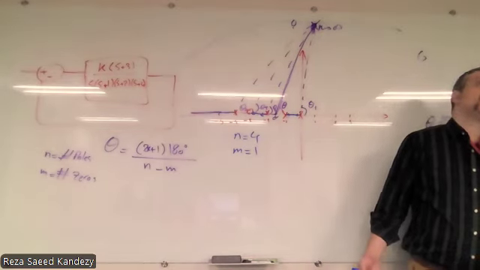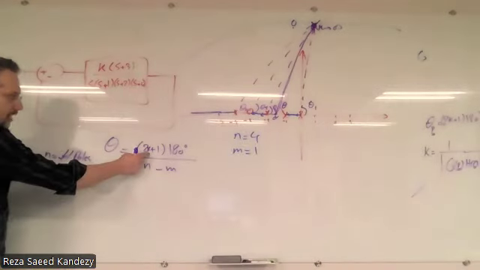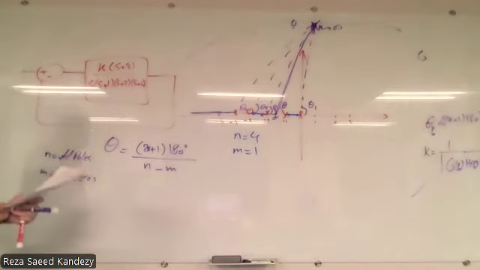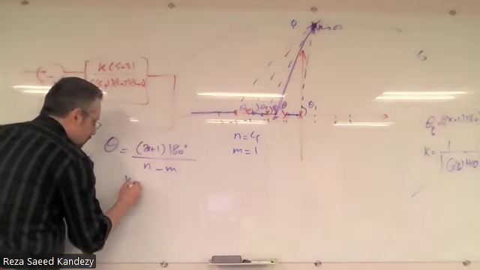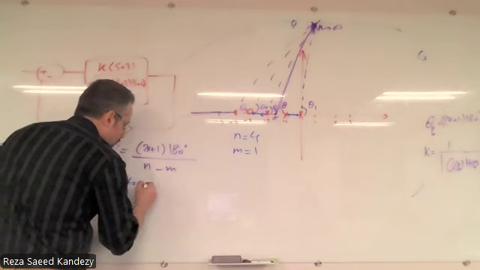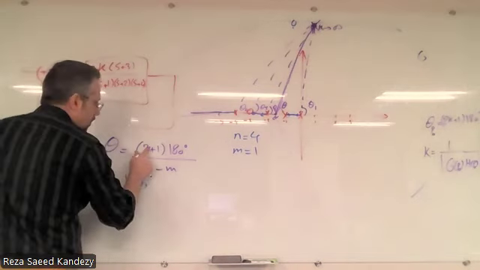Okay, if we know we have 3 lines for this example, that means we have to start the k from the 0, and then what values we could have? Let me show this with another number.